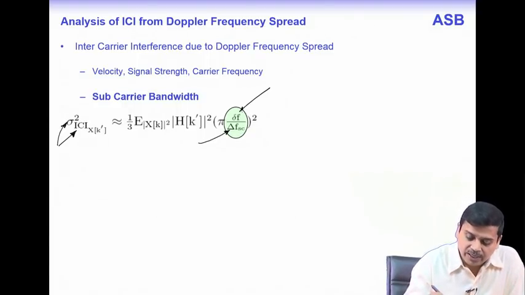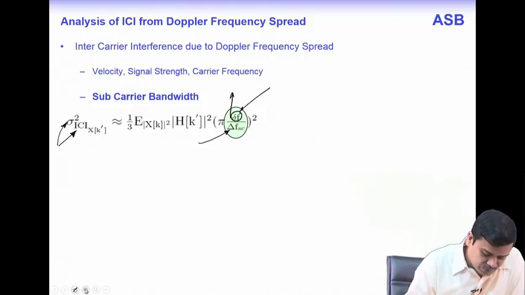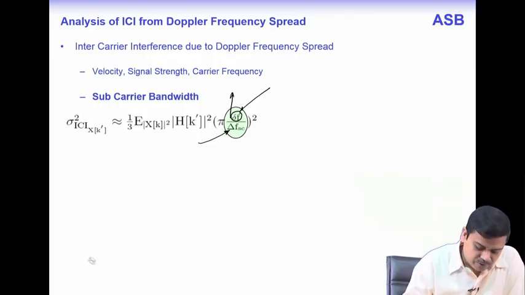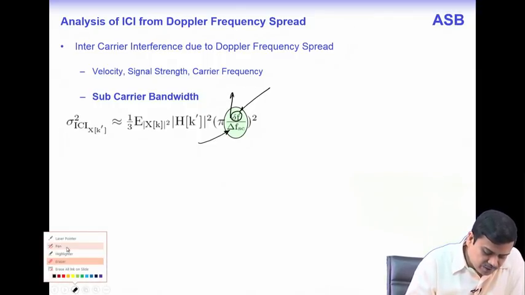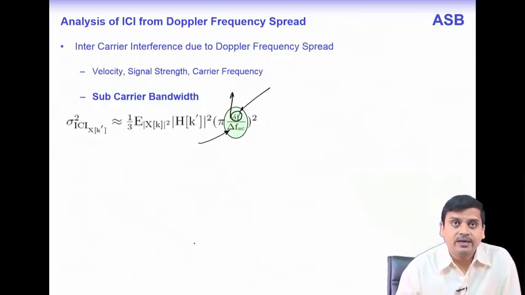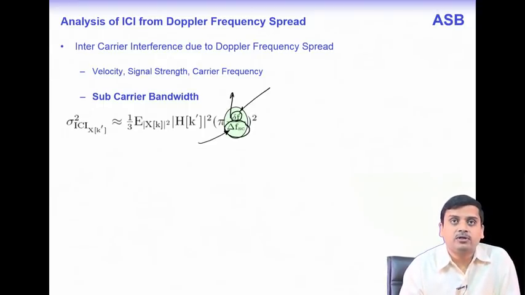What you see is, as this numerator increases, the ICI power increases. One way in which we as designers or transmitters can reduce the effect of ICI is by changing the denominator term, which is in our control.